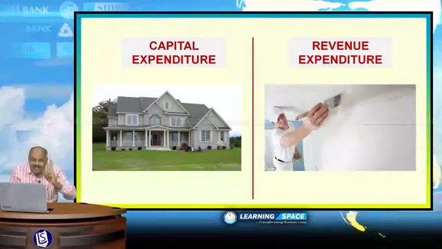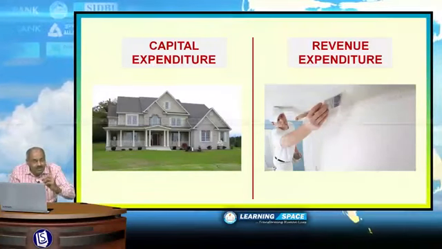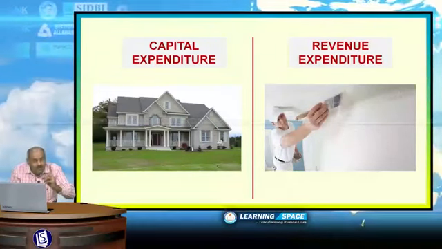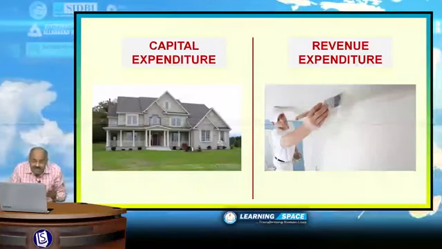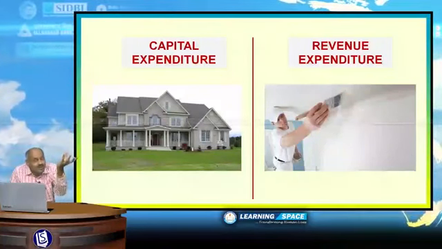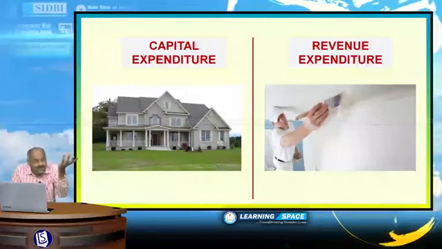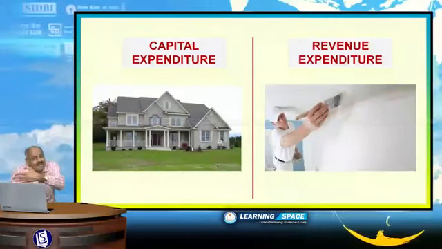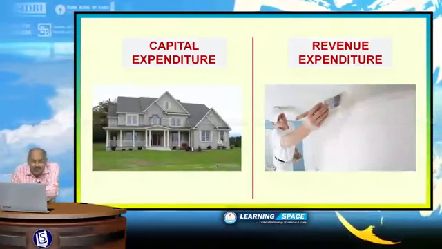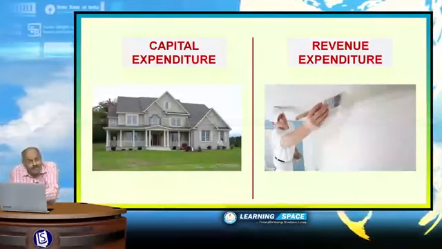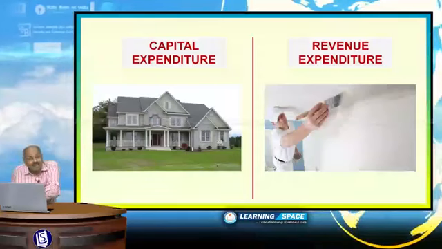I will tell one example from your perspective. You are doing a good job with the savings. You purchase some long-term asset, that is wise capital investment. Otherwise, if you are directly spending that money daily by having lunch in a 5-star hotel, that comes under revenue expenditure.